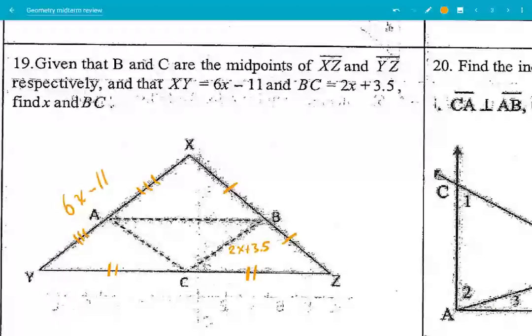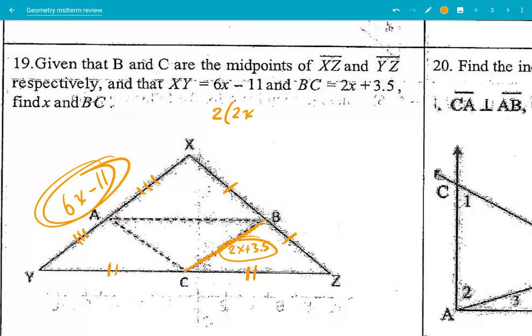Okay, well, here is the third side of the triangle to this midsegment. So 2 of this one equals 1 of that one. So 2 times 2x plus 3.5 equals 6x minus 11. Let's distribute.